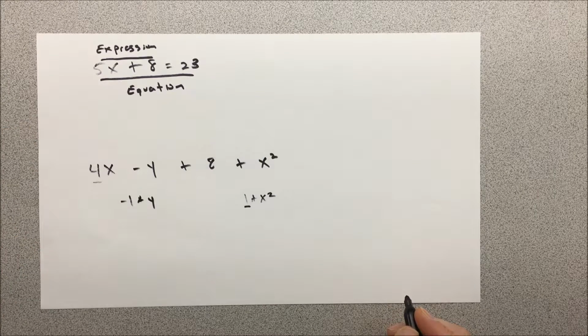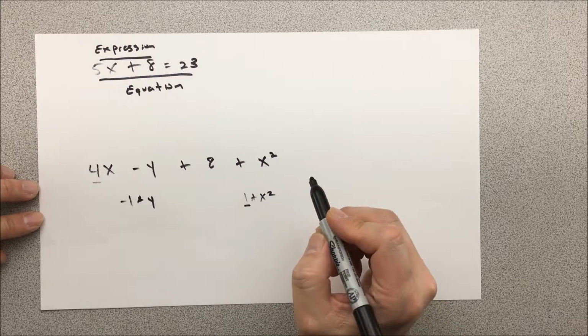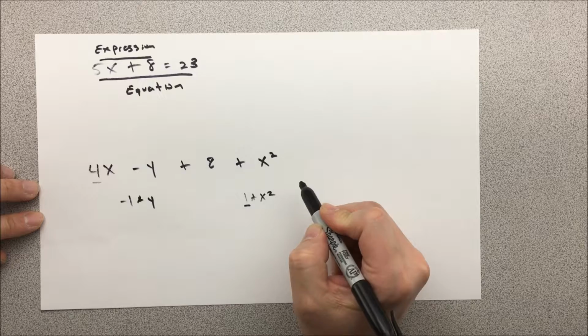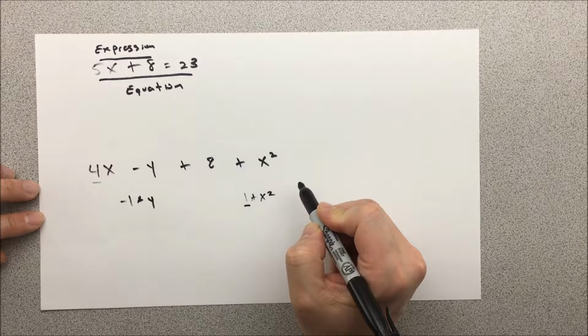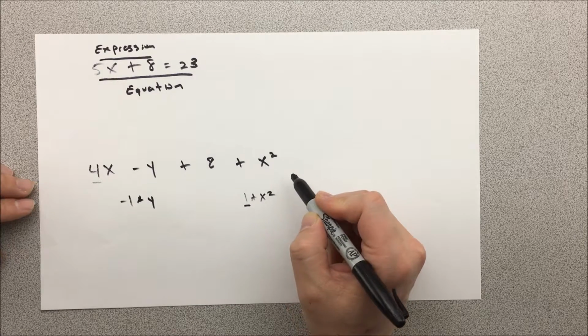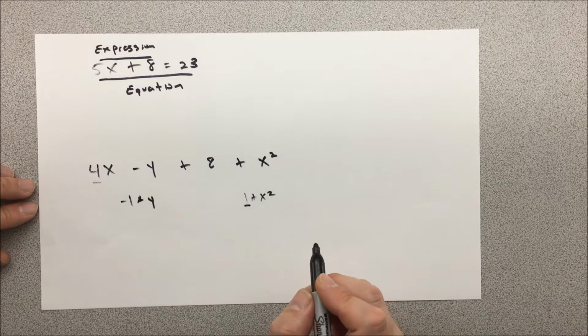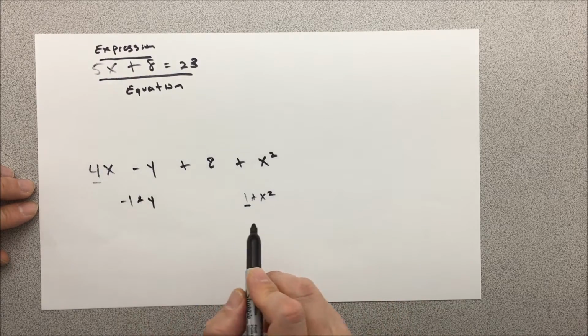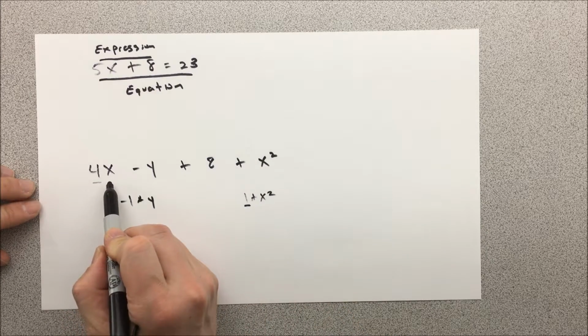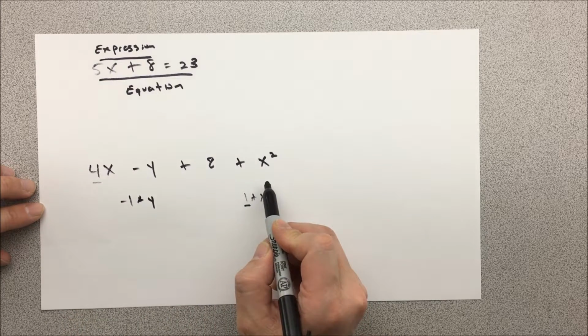Both expressions and equations can have more than one variable, and variables can have a degree or power. So x squared, x to the second power, or x with a degree of 2 all really mean the same thing. One thing to notice is that in this expression there is an x and an x squared.